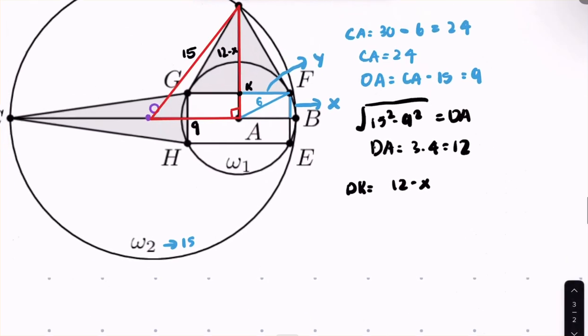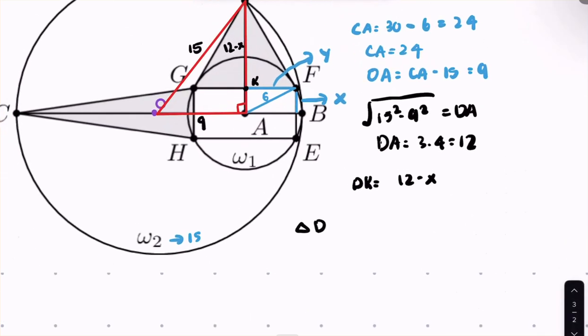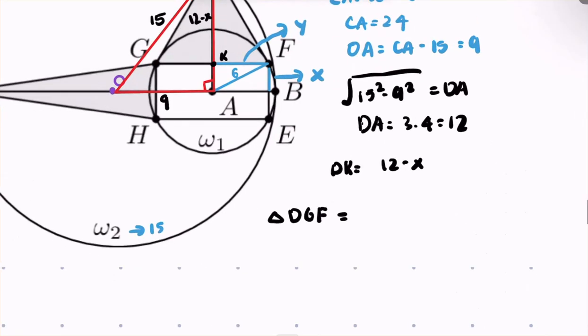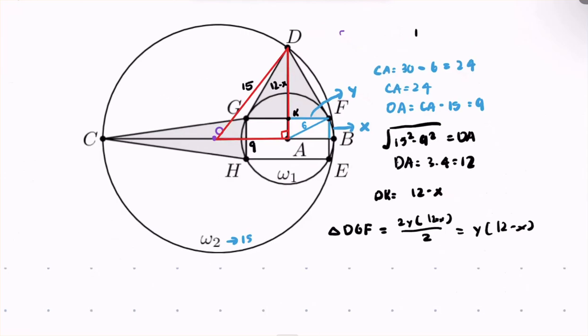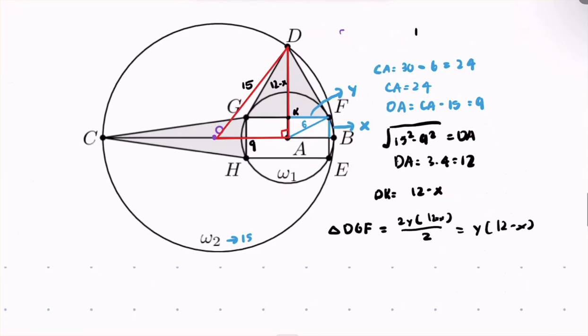Now the area of triangle DGF will therefore be, since we called this y, equal to 2y times 12 minus x over 2, which is equal to y times 12 minus x. Now let's try to find the area of triangle CGH.